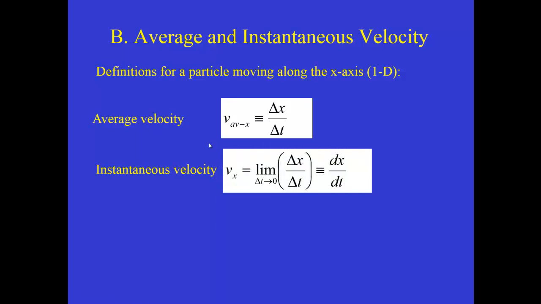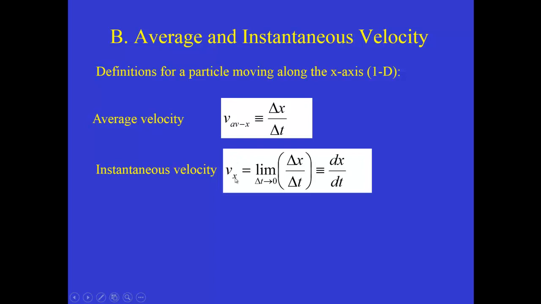That's accomplished by using this definition, delta x over delta t, but making the interval of time that we use to do the calculation smaller and smaller until it reaches a limiting value where delta t becomes so small that it essentially vanishes.